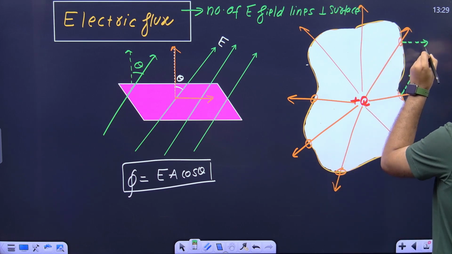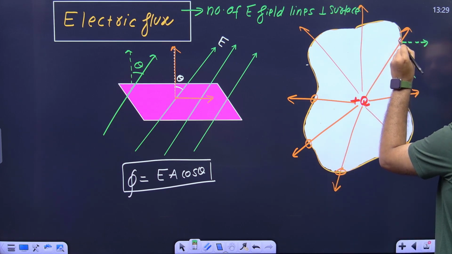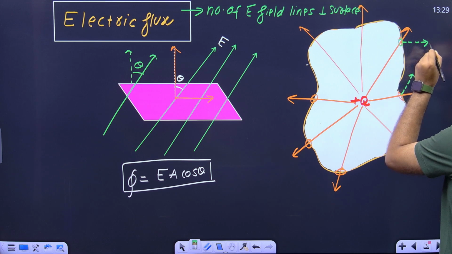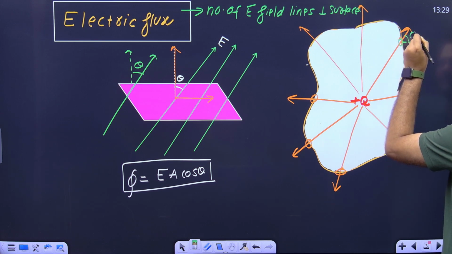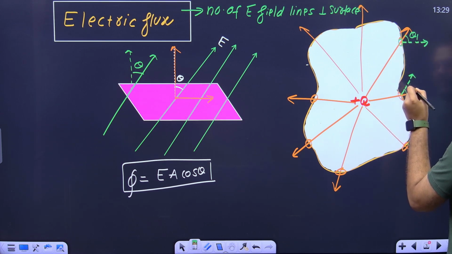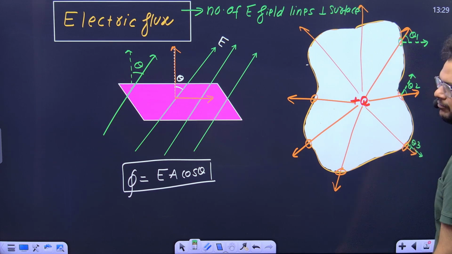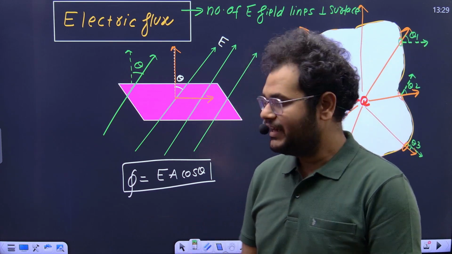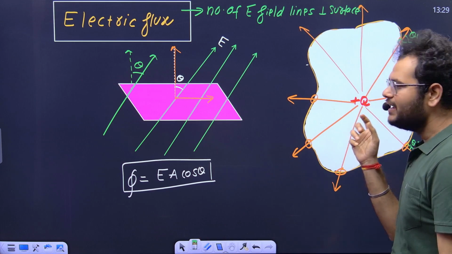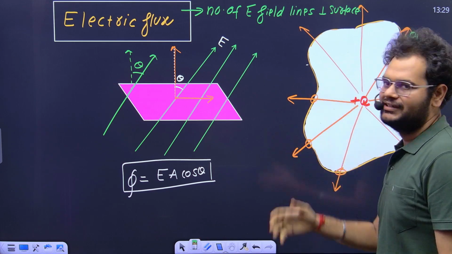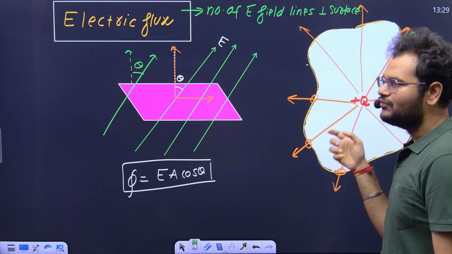See, this is our area vector at this point, this small area I will take. This is the area vector and this is the field. Let us say this angle is theta 1, then this angle is theta 2. Similarly, this angle is theta 3. The angle is different, as well as the field is also different. Why? Because it is not equidistant, right? Charge is not equidistant from all the points.